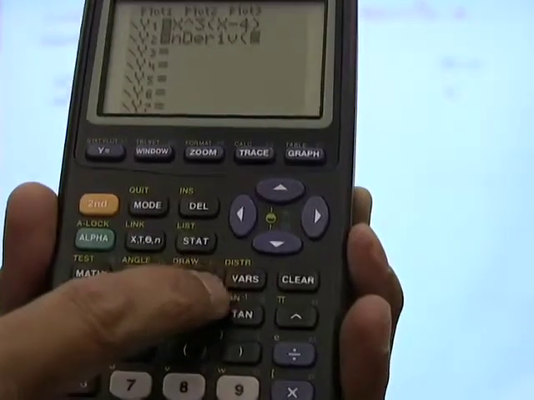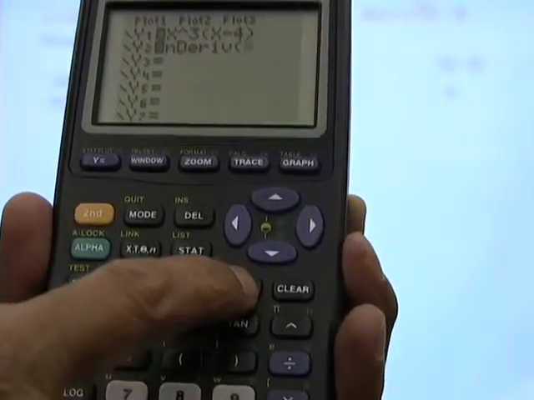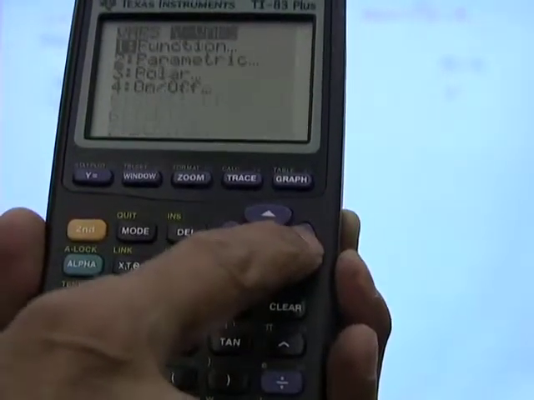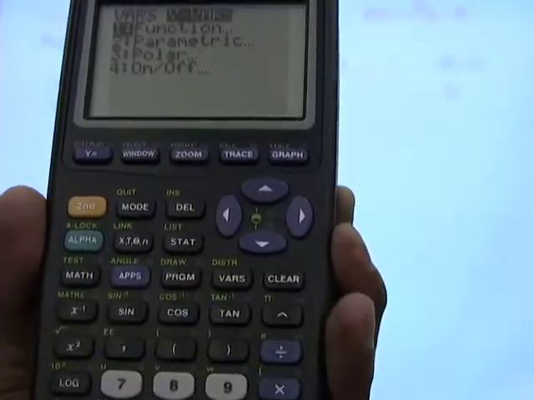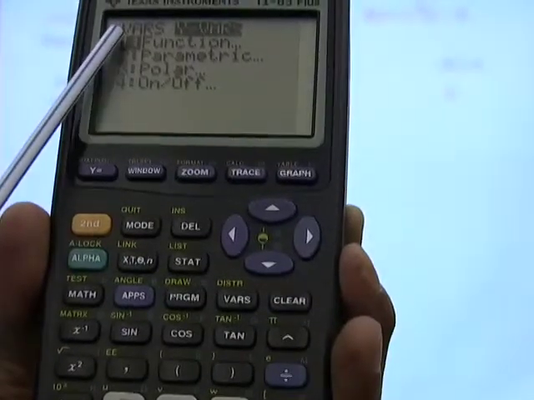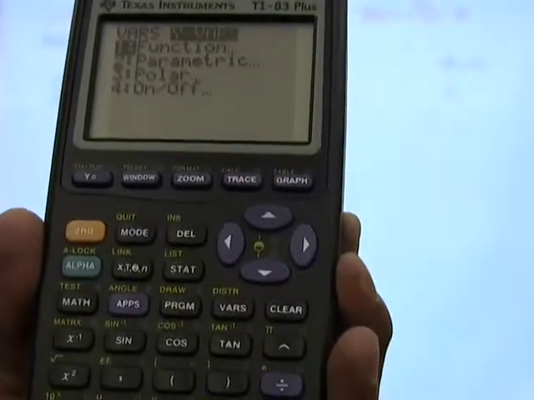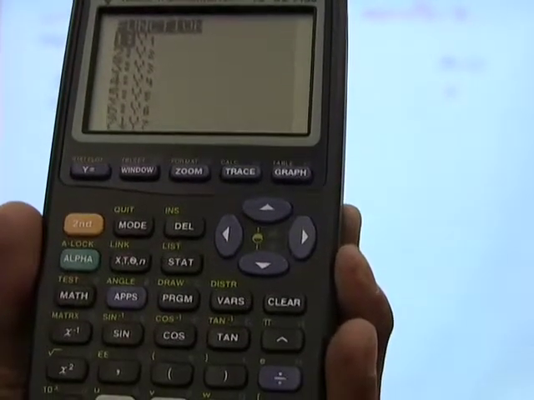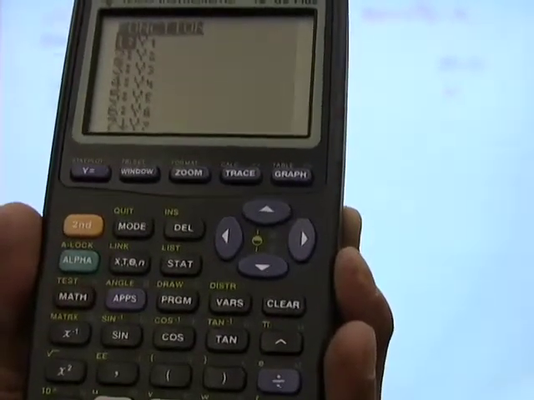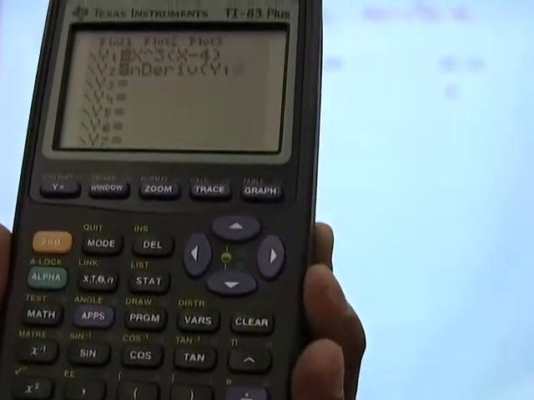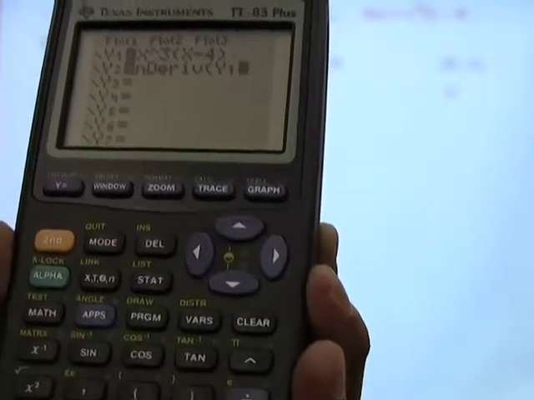Press vars, V-A-R-S, go to the right, pick y vars, and you can see what is highlighted is function, and that's what we want. So enter, and y1 is highlighted, so if you enter, that will be picked. Now we have nth derivative of y1.